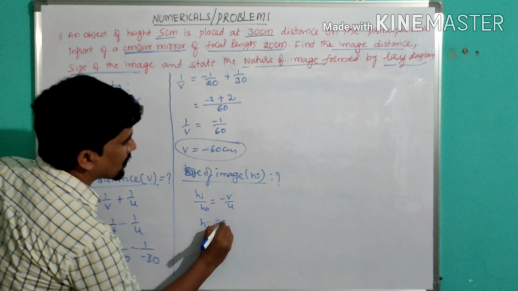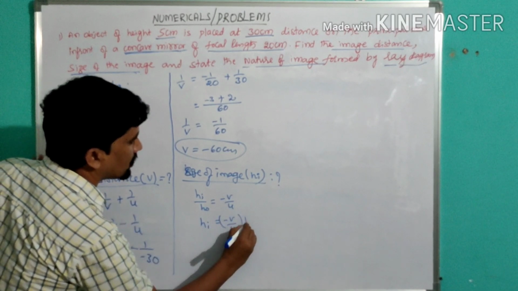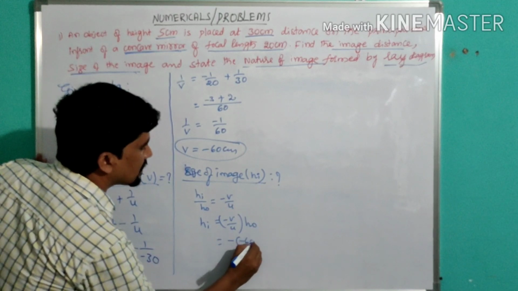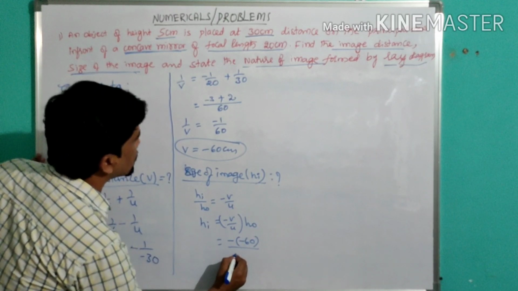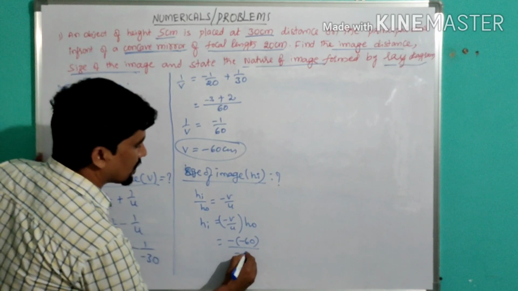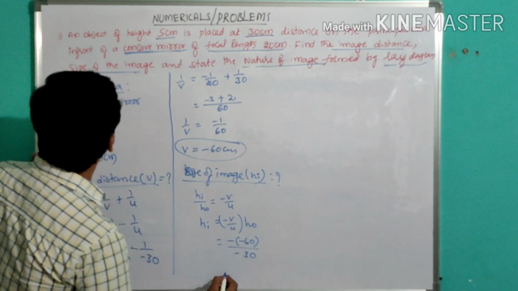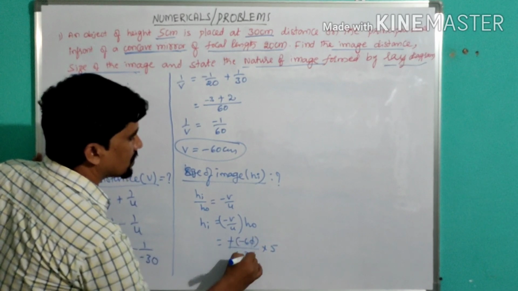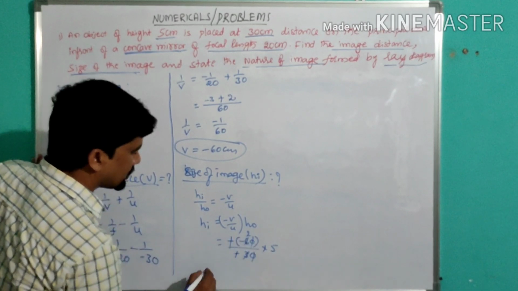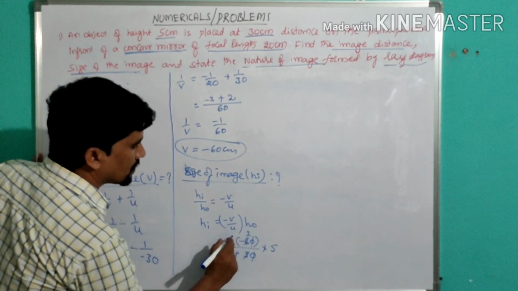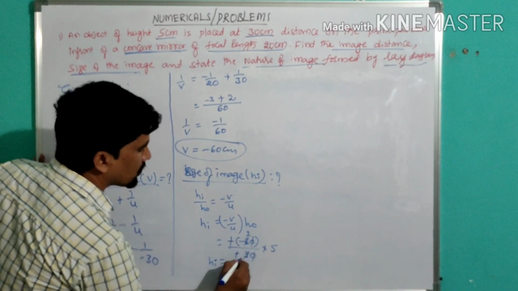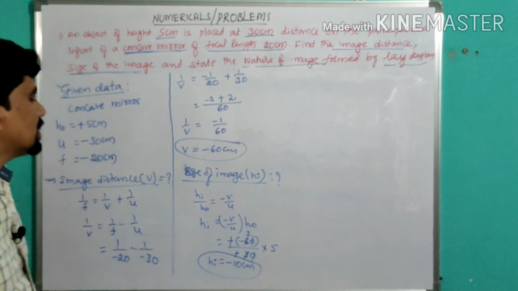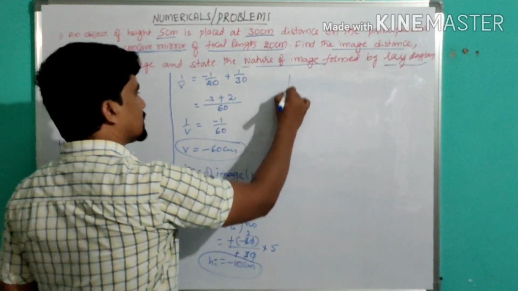HI equals minus v by u of HO, minus v value minus 60, by u value minus 30, HO 5. Minus minus gets cancelled, 3 2s are 6, so 2. Therefore HI equals 2 into 5, 10. Height of the image is 10 centimeters.